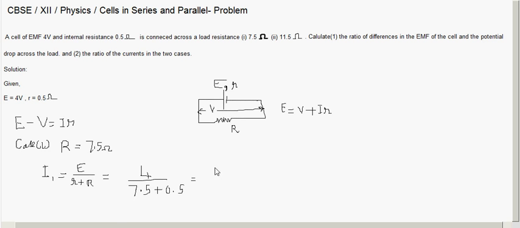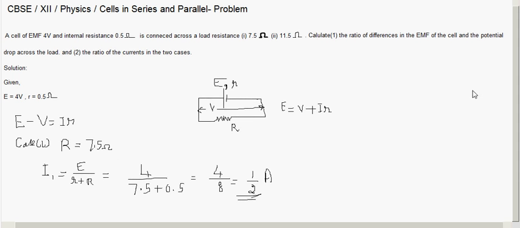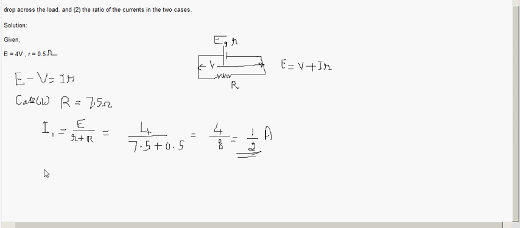This will be 4 by 8, half amps. Now what is E minus V? It is I into r. E minus V will be equal to I1 into r, which is half into 0.5, or 1 by 4 volt, because 0.5 is half.